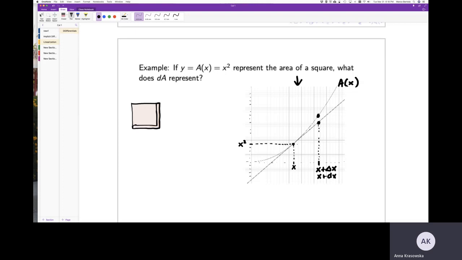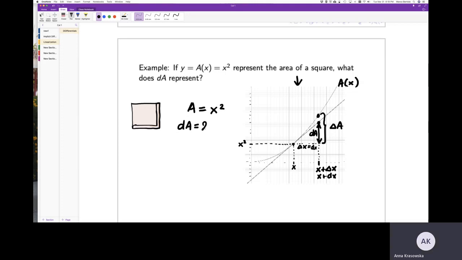The horizontal change is delta x, which is the same as dx, and the vertical change along the curve is delta A. The value taken from the tangent line is dA. So if A is equal to x squared, we can compute what dA is. Do you know what it is?